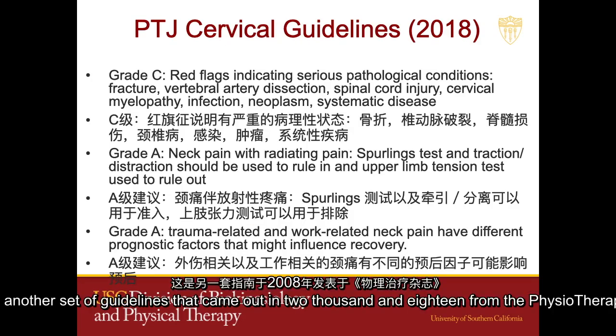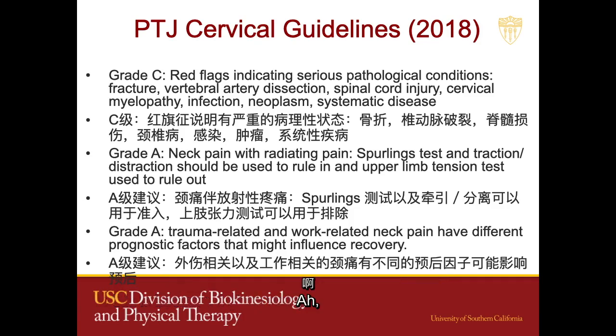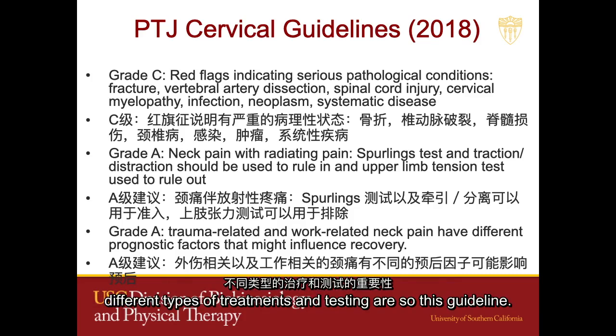This is just another set of guidelines that came out in 2018 from the PT Journal. The only reason I include this is because it gives you grades of research and shows you how significant different types of treatment and testing are.